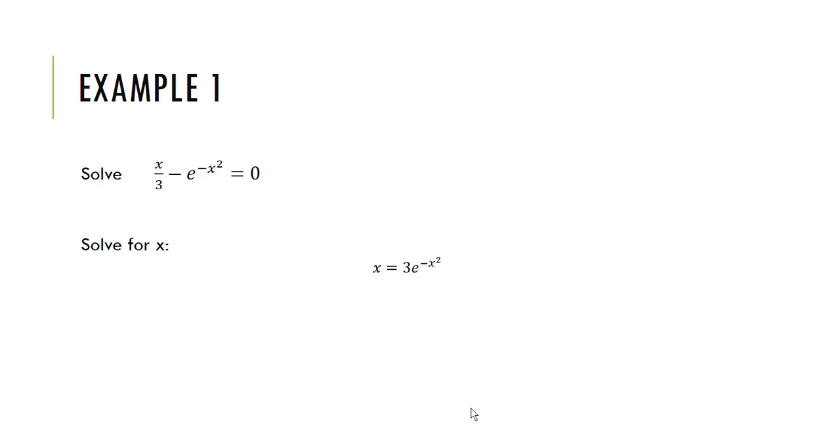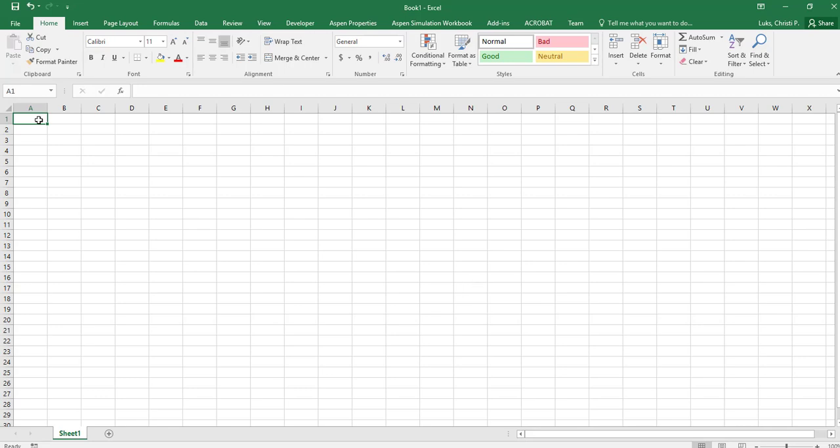Okay, so let's solve that, and I'll pull up Excel. So I'm going to first figure out some x values. I need to do the graphing method, and my original function was x over 3 minus the exponential of minus x squared.